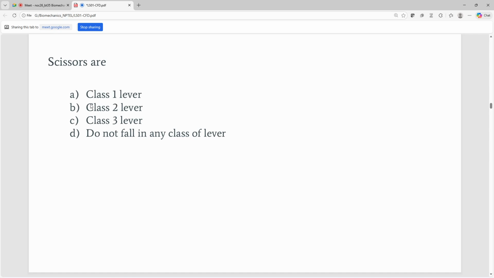Next question is, scissors are which type of lever? These lever principles we have all studied in school itself. There are three types of levers. In which type of lever is scissors an example? Option A, class 1 lever. Option B, class 2 lever. Option C, class 3 lever. Option D, does not fall in any class of lever.